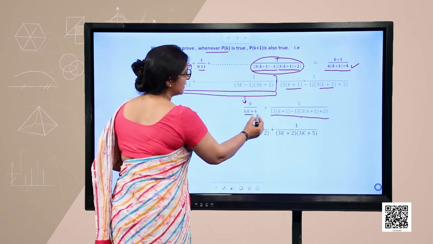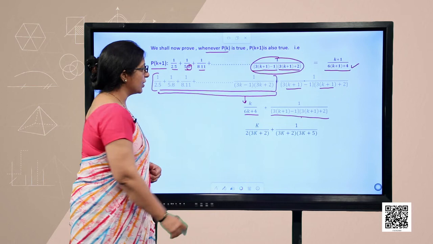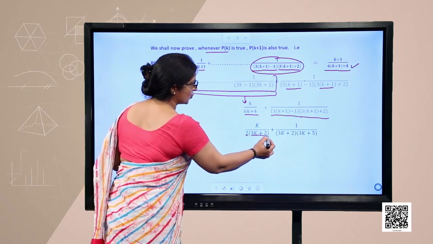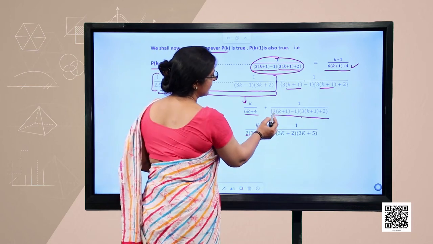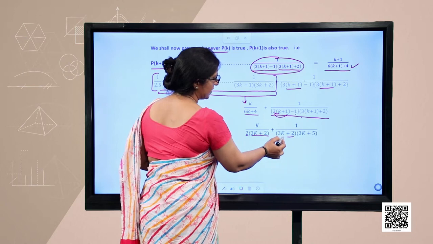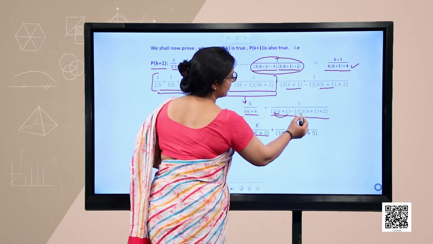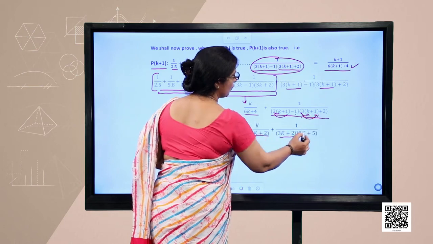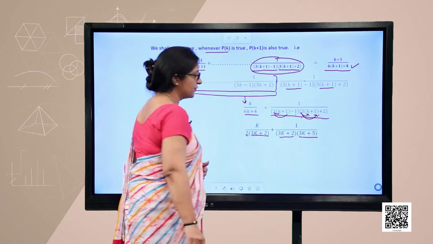We can split 6k plus 4 by taking 2 outside, giving 3k plus 2, and solving 3k plus 3 minus 1, which will give us 3k plus 2. When we open this, 3k plus 3 plus 2 will give us 3k plus 5.